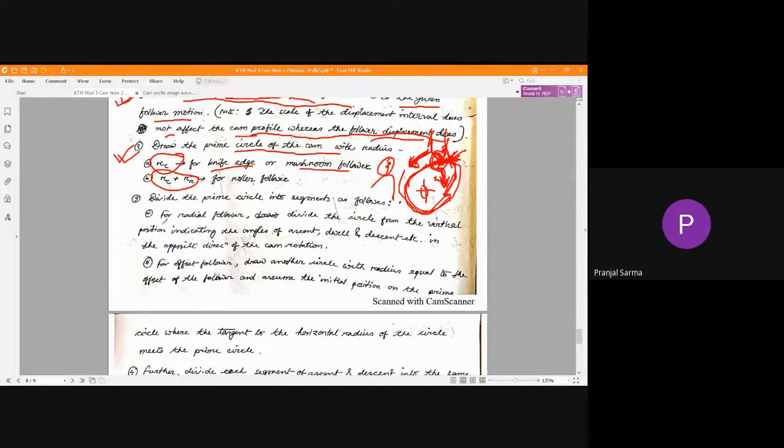After that we have to divide the prime circle into certain segments. Here, radial follower and offset follower cases will come. Looking at this particular figure, can you tell me whether it is a radial type of cam follower arrangement or an offset type?